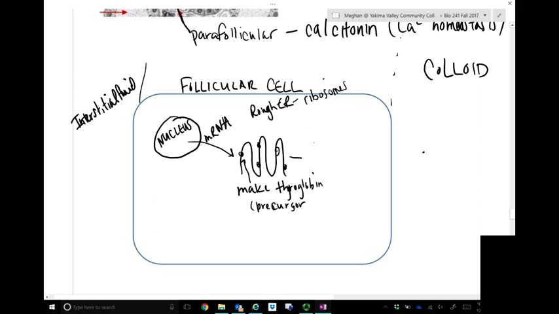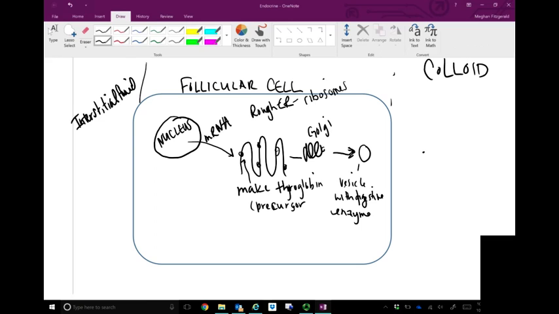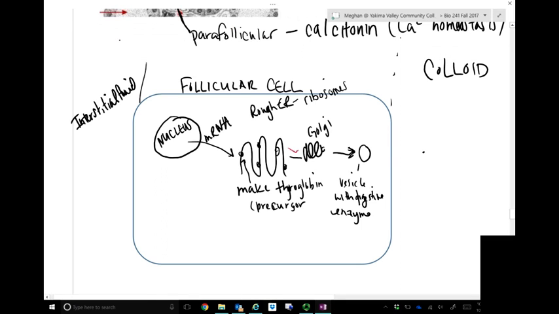The thyroglobulin is going to go to the Golgi, where it's going to be put into a vesicle with digestive enzymes, meaning they can break things off. I'm just going to add my little thyroglobulin in here.